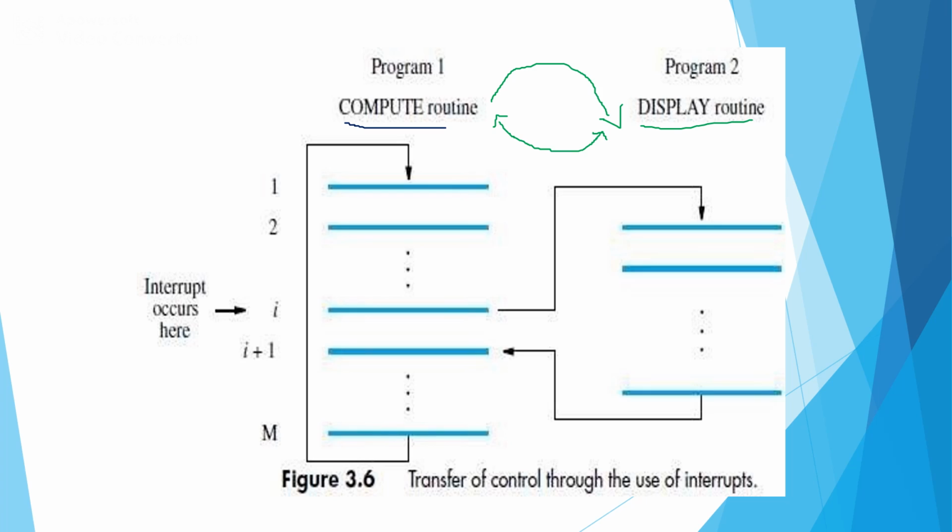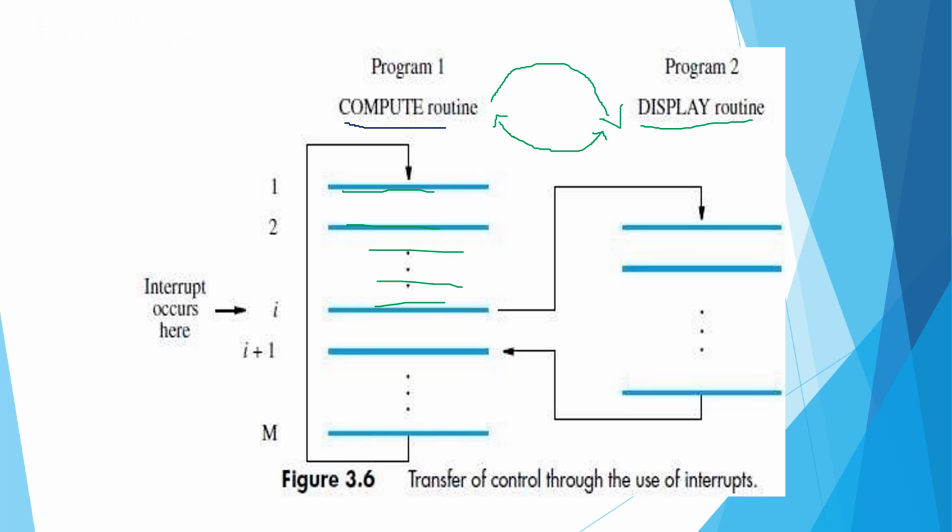So here what we are doing is the compute routine is executed in order to produce some set of lines till ith line. It will generate some n lines, then the print routine is executed to send the first line of the text to the printer.